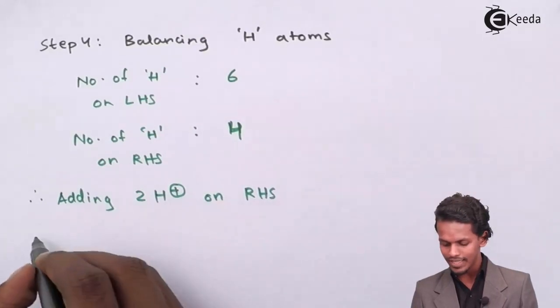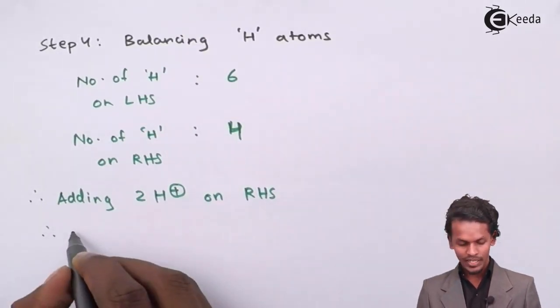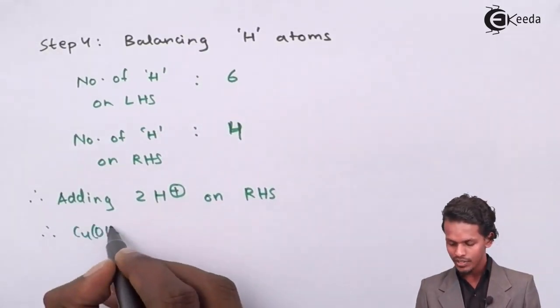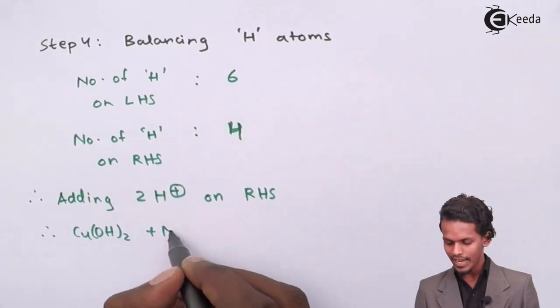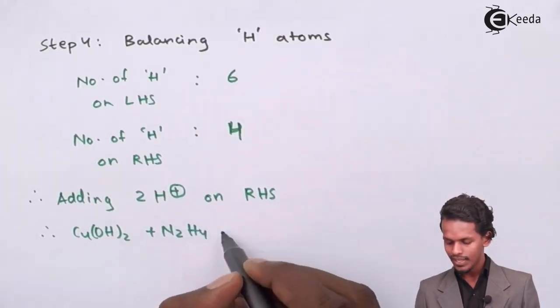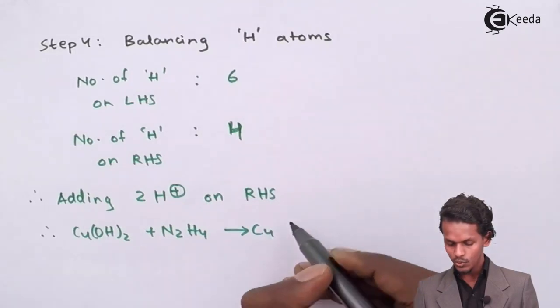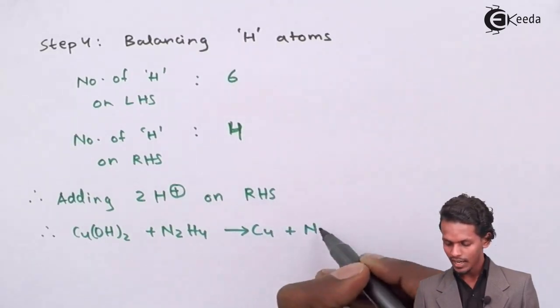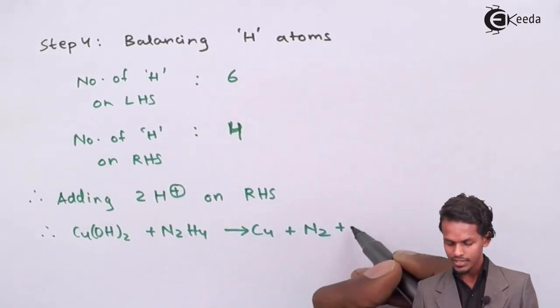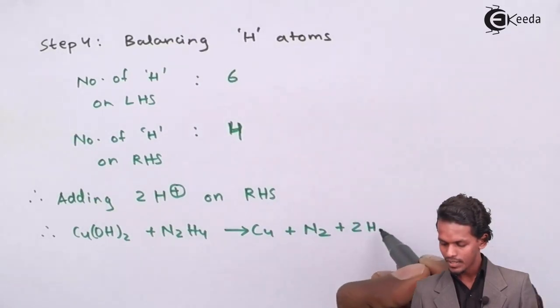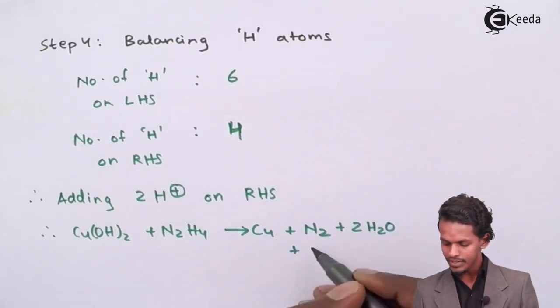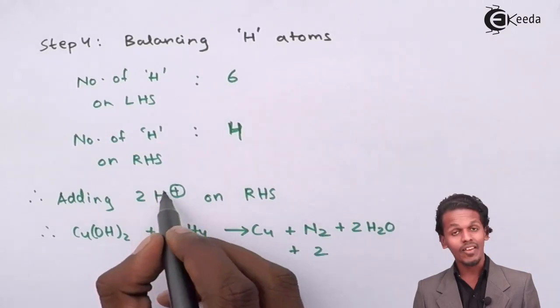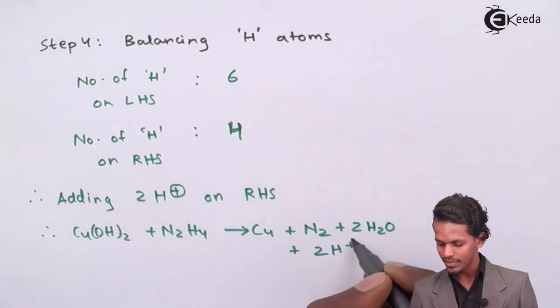So this will give us an ultimate equation as CuOH twice plus N2H4, that should give us Cu plus N2 plus 2 times H2O, plus again 2 times H plus.